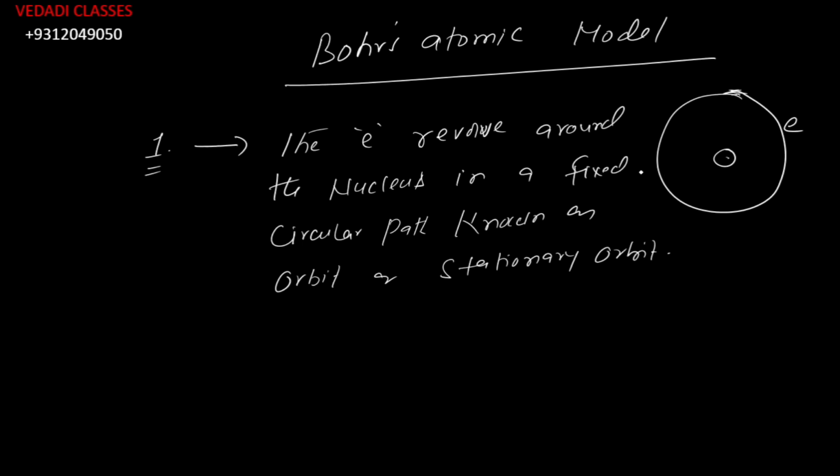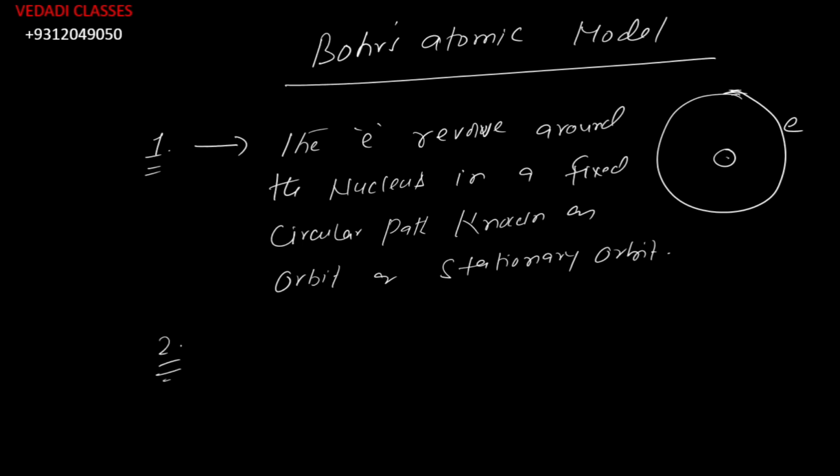So it will move in its fixed path, and there is no possibility of collision of the electron and the nucleus. So this was the first concept, or first postulate, you can say.